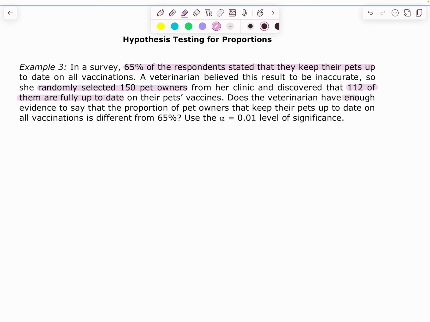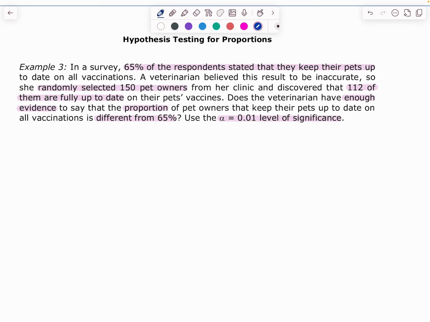Does the veterinarian have enough evidence is what tells us that we're doing a hypothesis test. Proportion, and then let's see, different from 65%, and then alpha equals 0.01 level of significance.